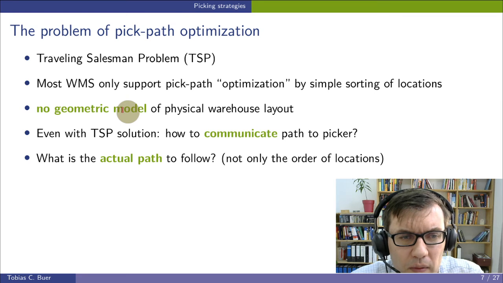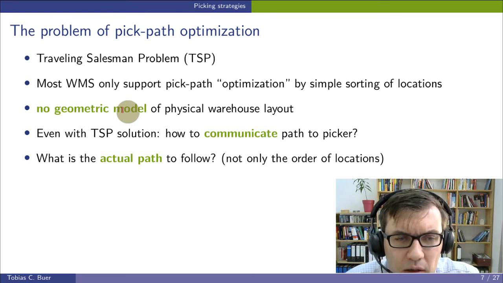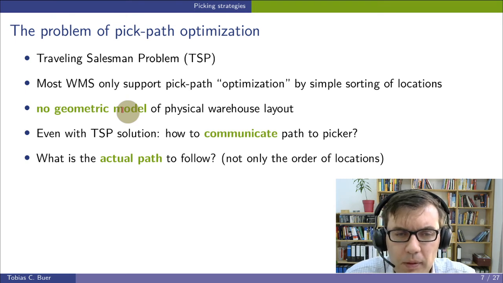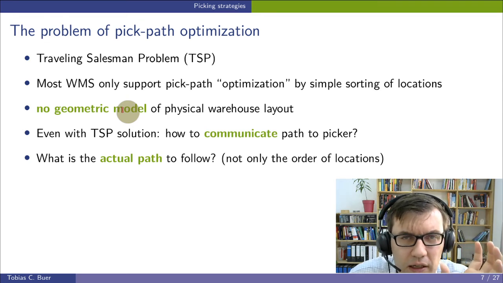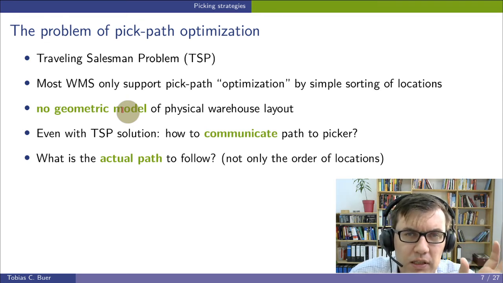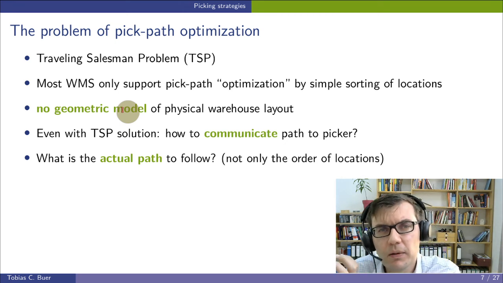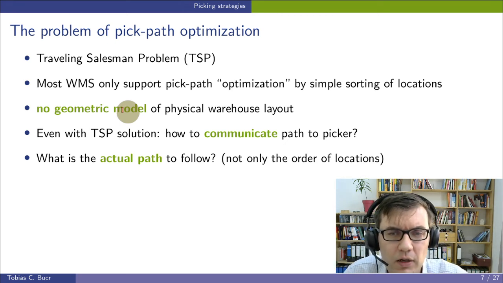So now assume you have a traveling salesman solution for your order picking problem. That is, you have the concrete information in which sequence, which item should be picked by an order picker in the warehouse.